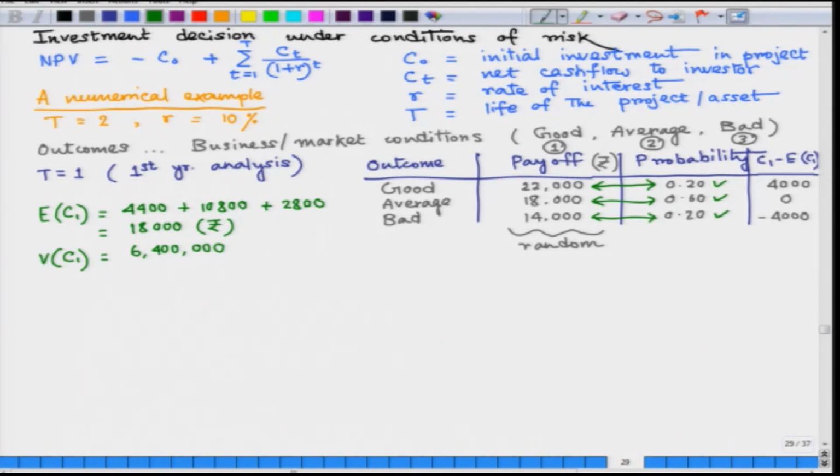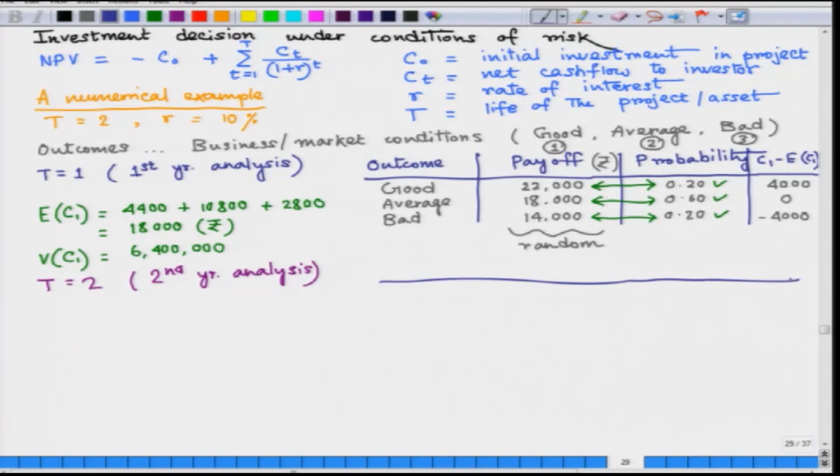Now, we are going to take the case of the second period. Numbers will change for the second period. So, let us have another table to represent the numbers for this case.